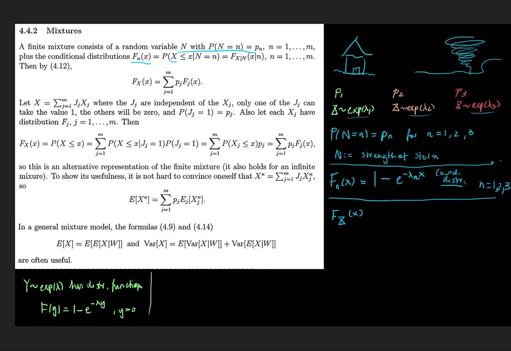But the total non-conditional distribution of x is given by the sum from 1 to 3 of the probabilities of each of the storm strengths, and we use those to weight each of the conditional distribution functions.